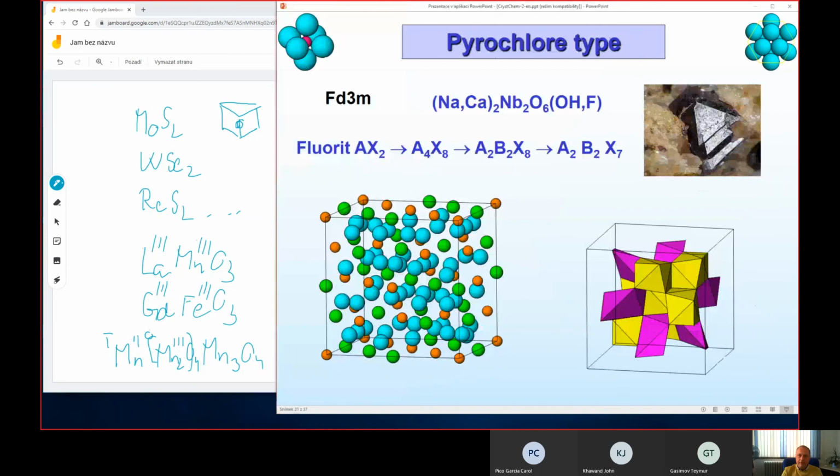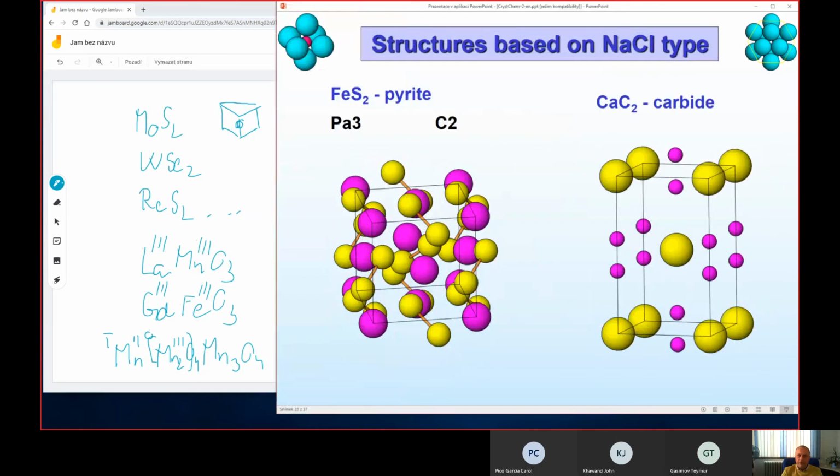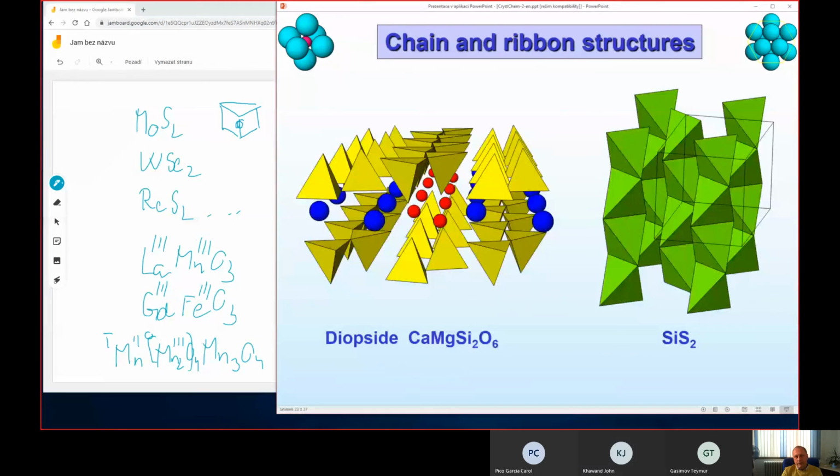I mentioned already pyrochlore, structure types based on sodium chloride, and then some examples of low-dimensional structures which can be derived from close packing. The chain silicate structure like diopside, which is calcium magnesium disilicate, has this zigzag arrangement of SiO4 tetrahedra along one crystallographic direction.